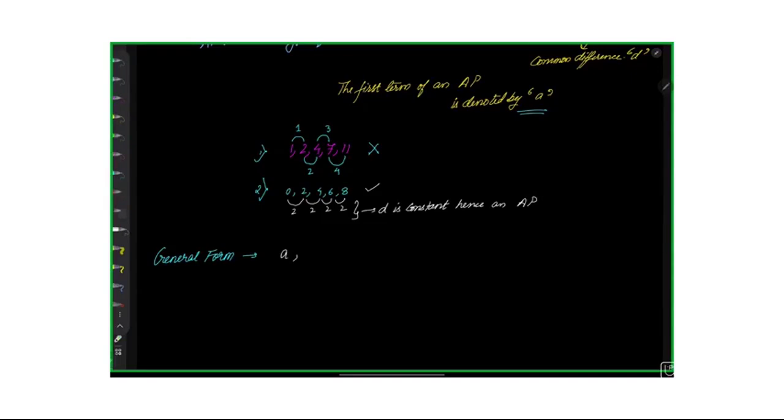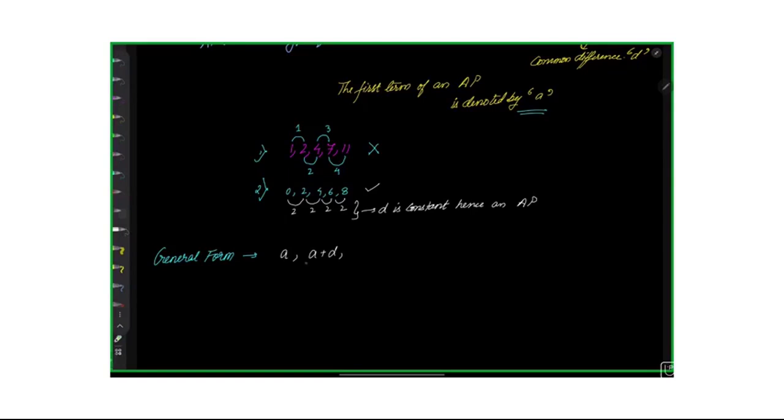It will be A plus D, right? D was the common difference, if you guys remember, right? A plus D. Third term would be, you just need two things to make the whole sequence, the first term and the common difference. Because once you get the common difference and you know that the common difference will stay constant throughout, you have to just add the common difference after each term and you can get the new term, right?